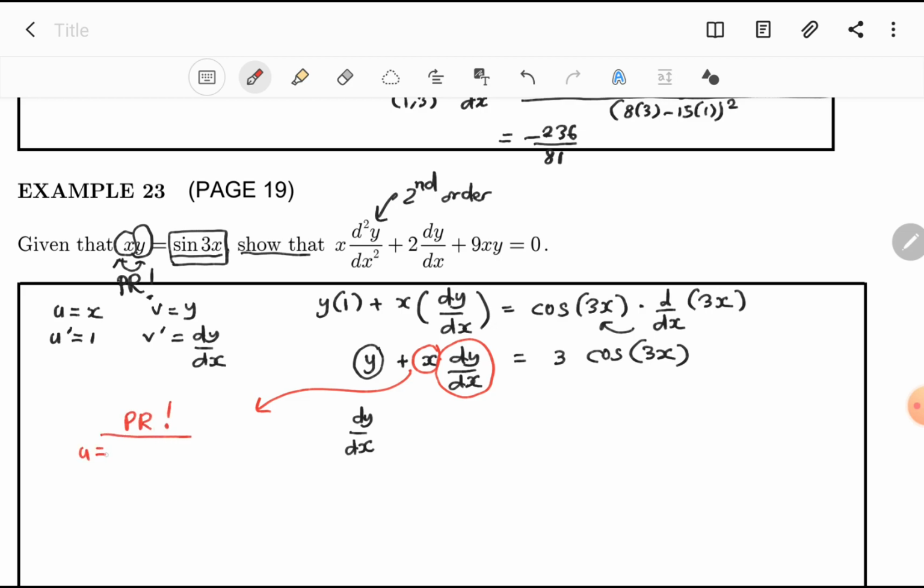So u is x, v is dy dx. u prime is 1 and v prime will be d squared y over dx squared.